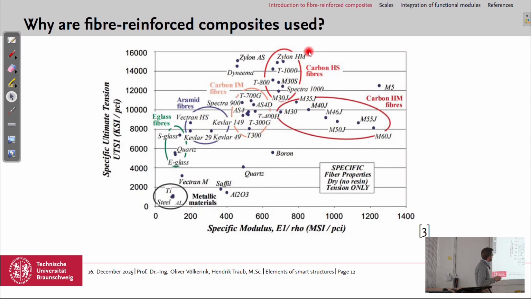And over here we have different types of carbon fiber, intermediate modulus carbon fiber, high strength carbon fibers, and high modulus carbon fibers. Here are aramid fibers, and here are glass fibers. So we really want to use these fibers to have a high performance material. But this is only the fiber properties without the matrix material.